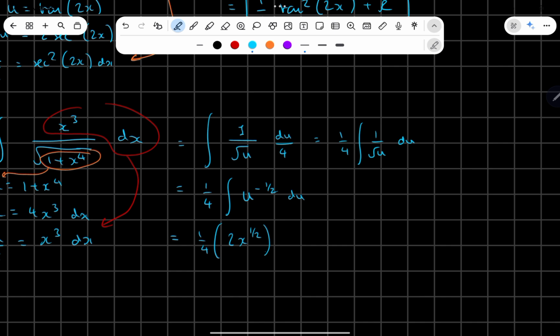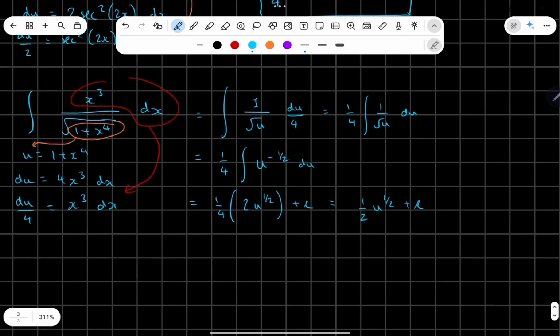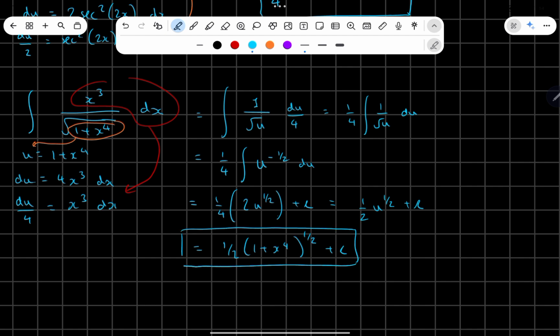Half this, subtract 1. Perfect. Sorry, but not an x, it's going to be a u. And a plus c always. And this is the same as a half u to the half plus c. Now substitute our u back in. Half 1 plus x to the 4 raised to the half plus c. And that is our answer.